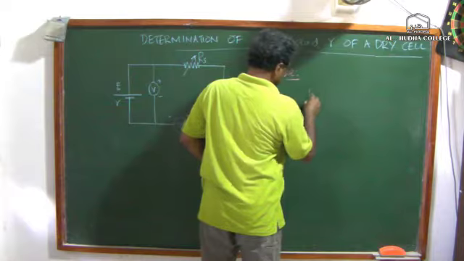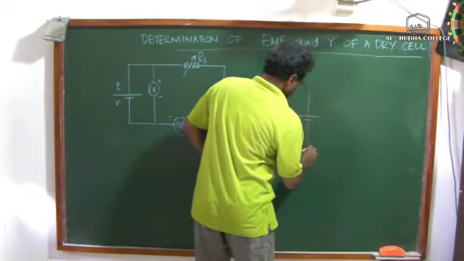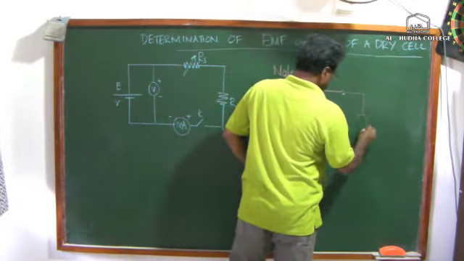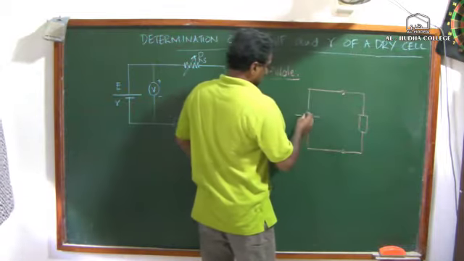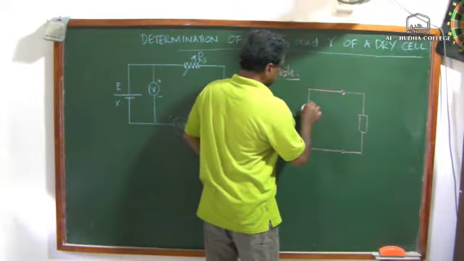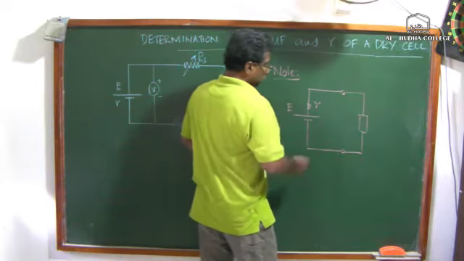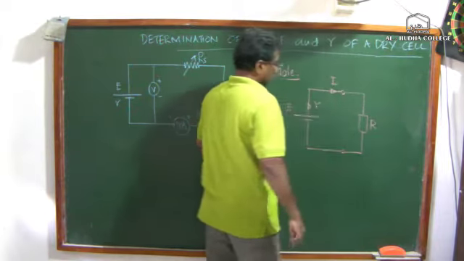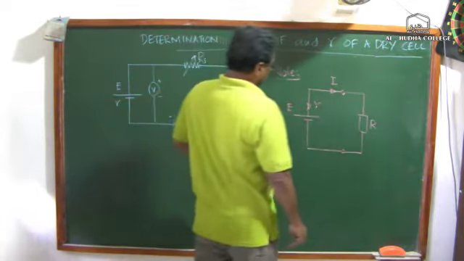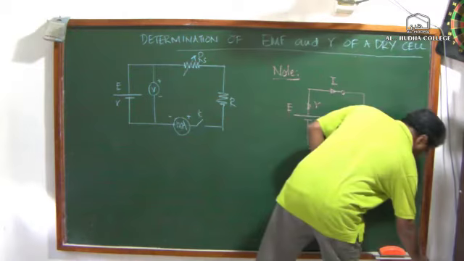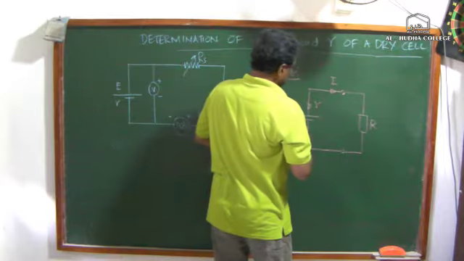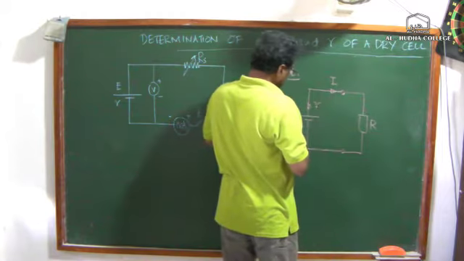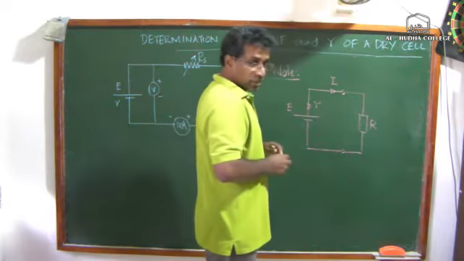When there is a cell connected to a load, we have an EMF and the internal resistance R, and when you connect it to a load, it will start drawing a current. Right? So when the current starts flowing, there will be a drop across the internal resistance.